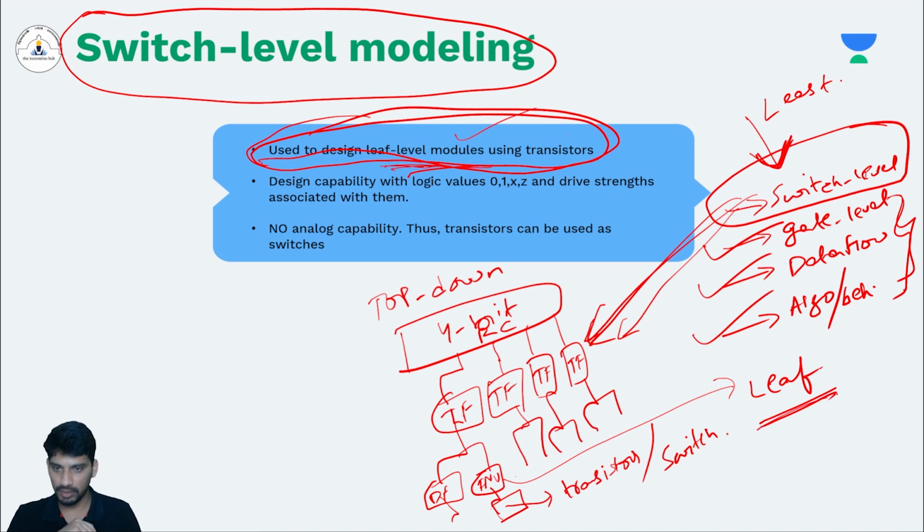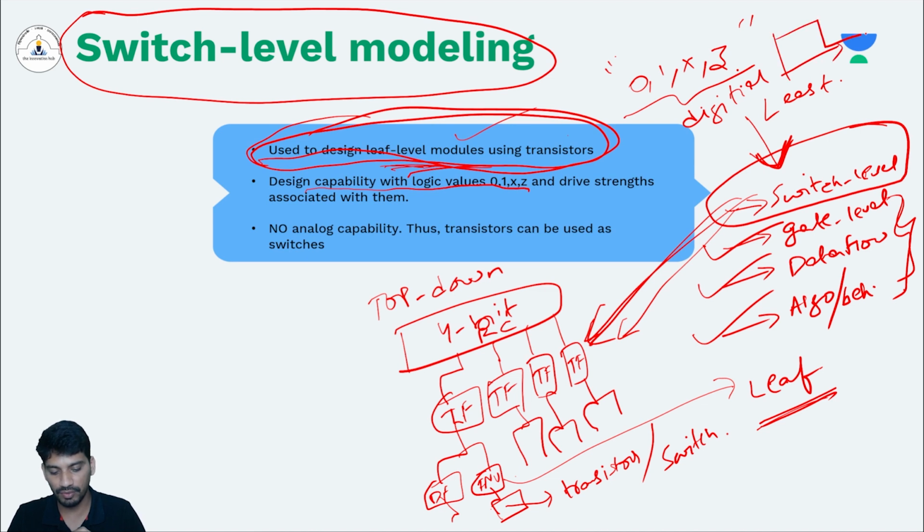So in Verilog, the design capability is with only logic values of 0, 1, X and Z, and they have their own strengths. What I meant here is you can only design digital logic but not analog logic. You cannot have a value between logic 0 and logic 1, because that would be an analog value. In Verilog, you have only digital logic values which are 0, 1, X and Z. So there is no analog capability.